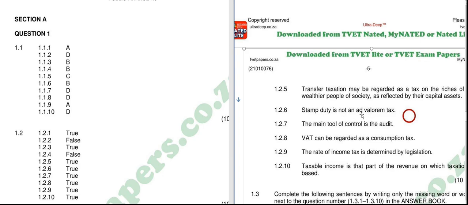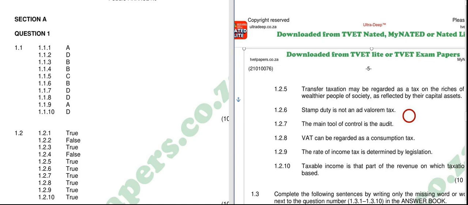Stamp duty is not an ad valorem tax, and we have answer is true. The main tool of control is the audit, and we have our answer is true. VAT can be regarded as a consumption tax, which is also true. The rate of income tax is determined by legislation. Of course, we have true again. On number 10, taxable income is a part of the revenue on which taxation is based. Of course we have that as true again.